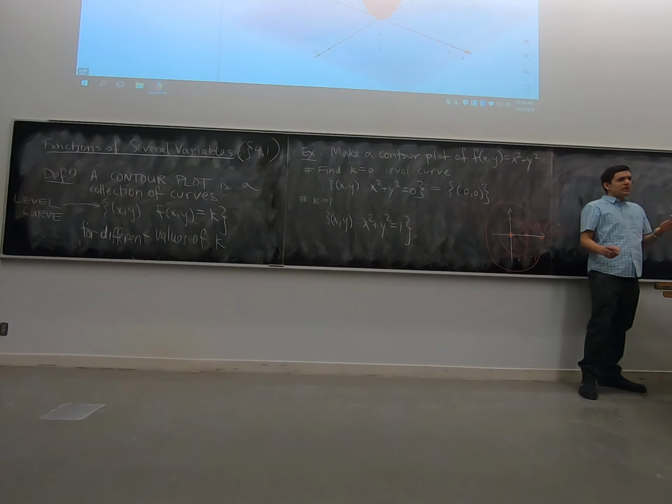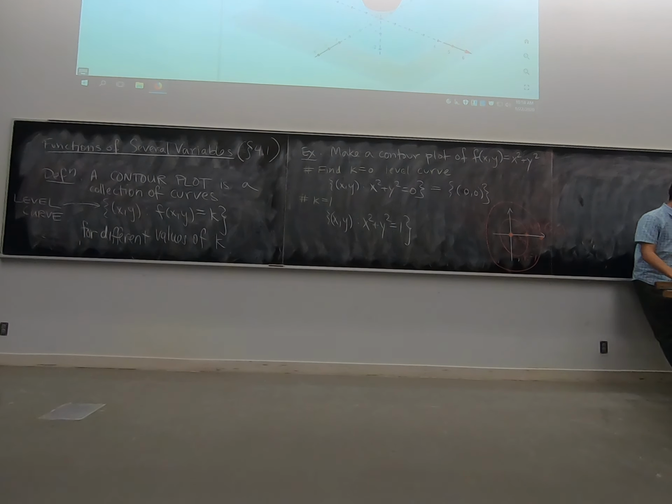Somewhere in this picture, we're going to get a circle. So this is the circle that we obtain by looking directly down at our graph. So that's the curve that we obtain by cutting our graph at height 1. Here's what we get at height 4. Right, we get another circle.